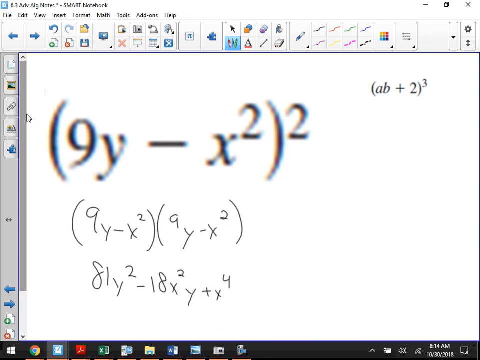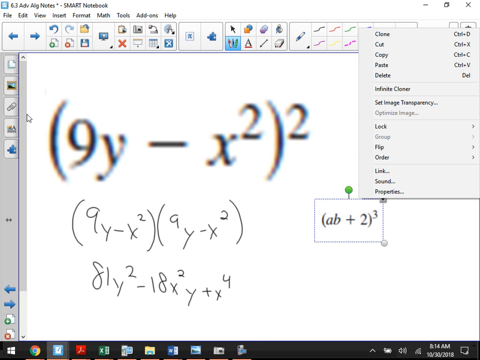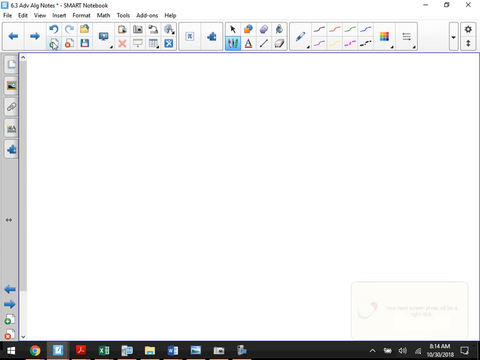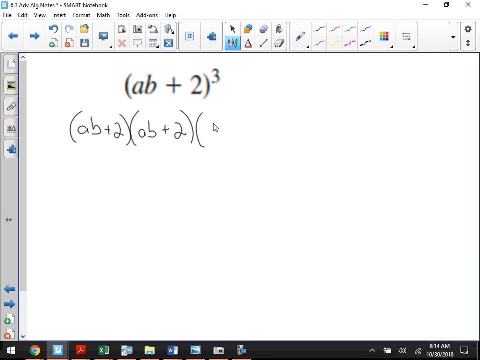Same thing happens if you have anything to the third. Instead of trying to remember all the different patterns that are out there, just remember that this is just AB plus 2, AB plus 2, AB plus 2. All right, just remember that's what that looks like.